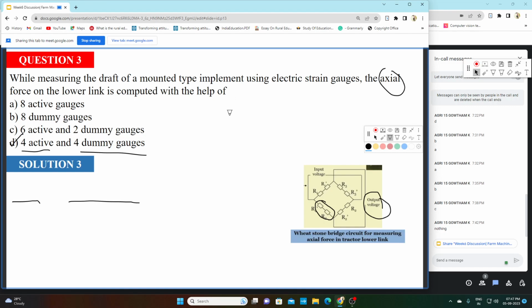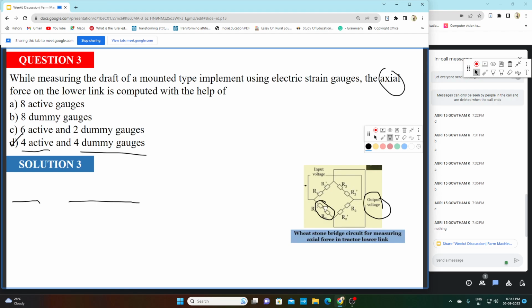Now for a Wheatstone bridge combination we require 4 resistances. That is clear to you, right? So 4 resistances R1, R2, R3 and R4. Why do we require 4 resistances?